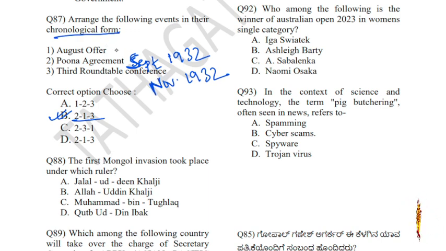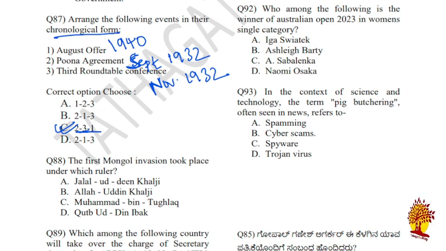Then the August Offer in August 1940. So 231 is the right answer. Not 213, 231 is the right answer. Option C, 231 is the right answer.